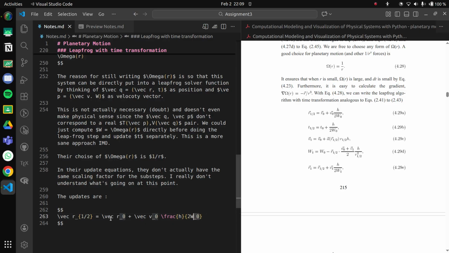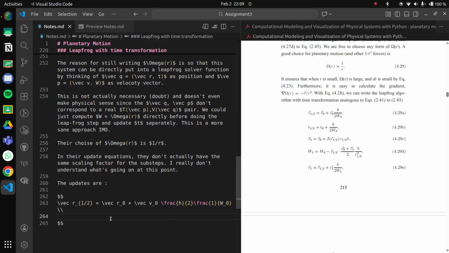So h by 2, and then I'm going to write it as 1 by w0, right. Then you just have t half is just t0 plus once again h by 2 and then the scaling factor, which is 1 by w0. Interesting.